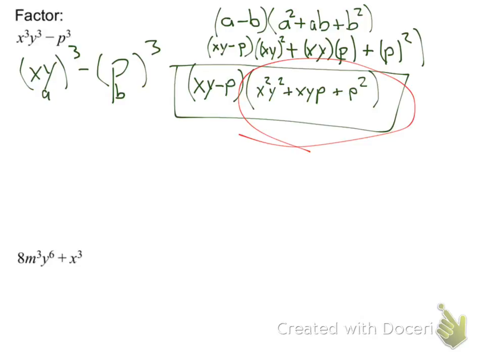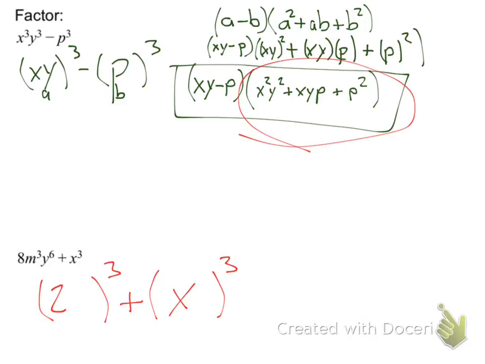The last one is the exact same way. Let's just set it up. The only difference is that this one uses a plus. I think the last one's the easy one. What's cubed to get x cubed? X. The first one, to get 8, it's a 2.